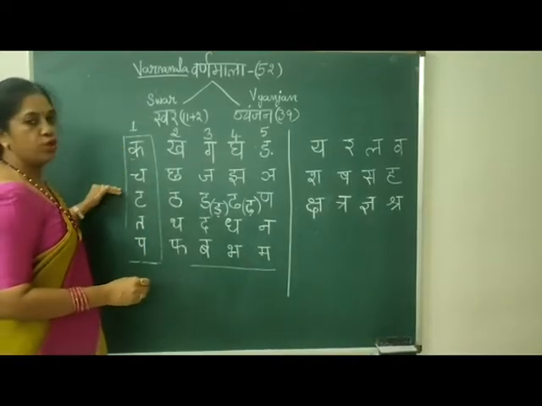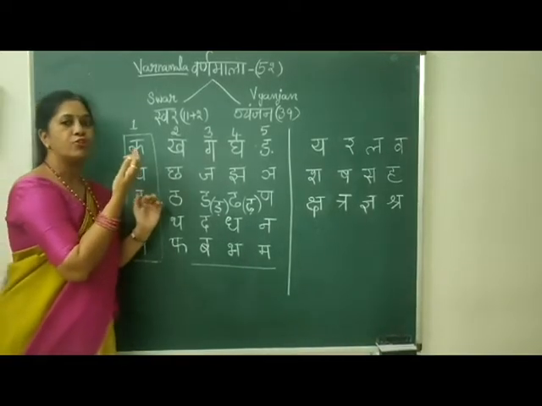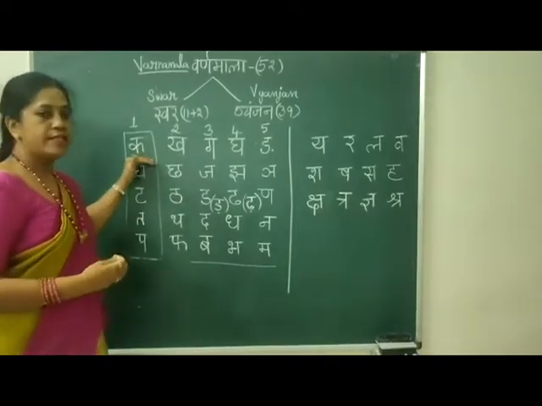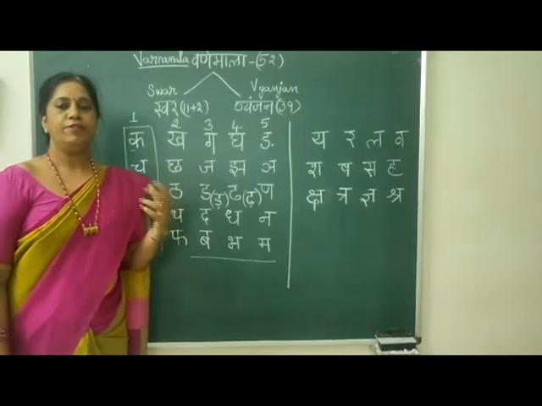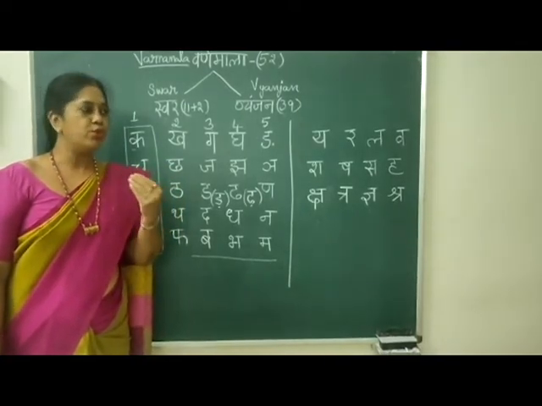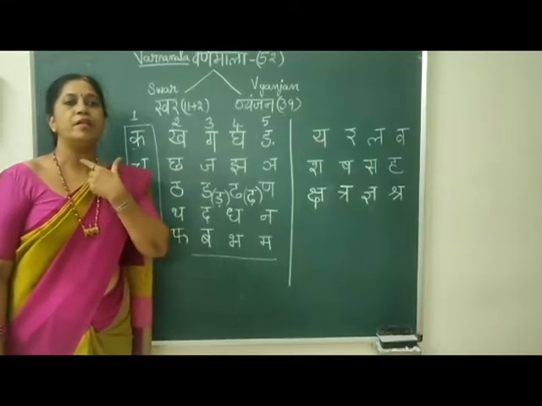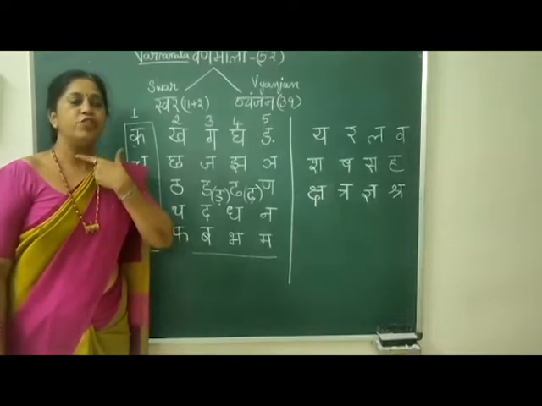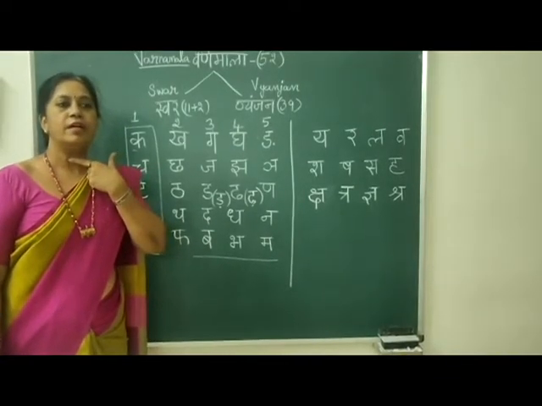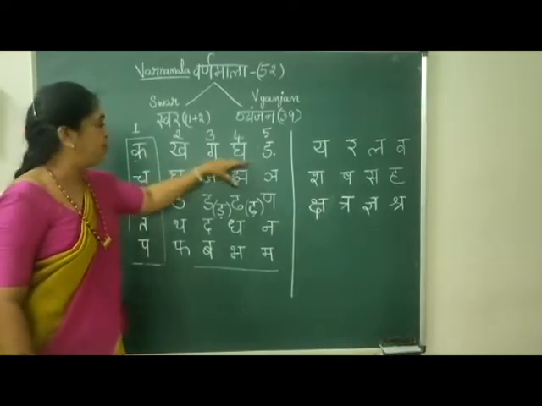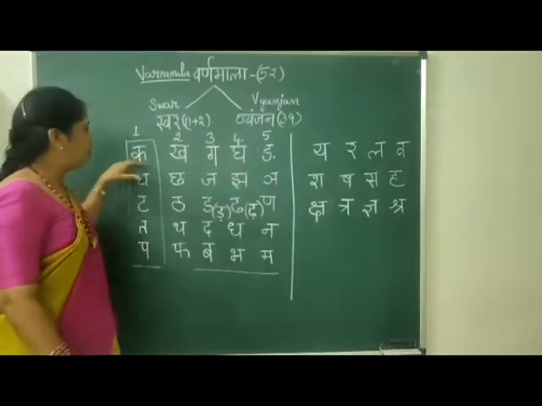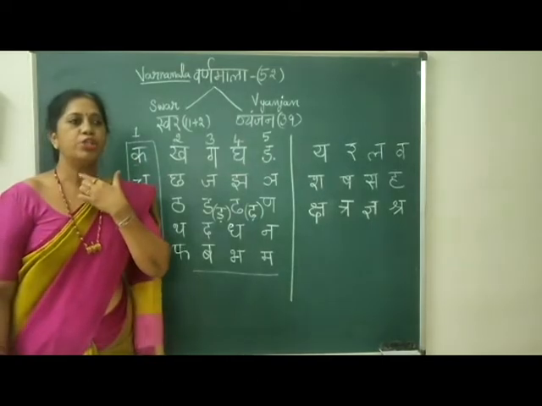Each row sounds from a different part of your mouth. If you say the first letter ka, you can see that ka sounds from the throat. If you touch it, you can feel it, ka, ka. So this letter and this full row sounds from the throat.